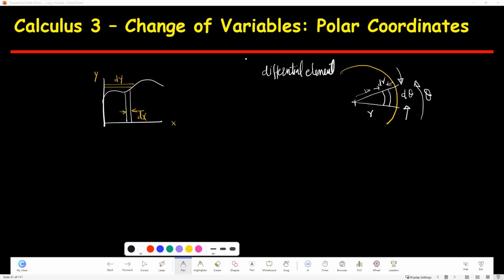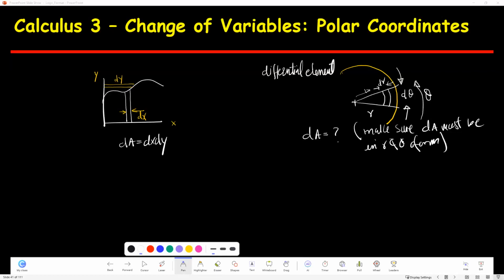So we need a relationship. In rectangular coordinates, dA equals dx dy. Here we also need to find dA, but dA must be in r and theta form.